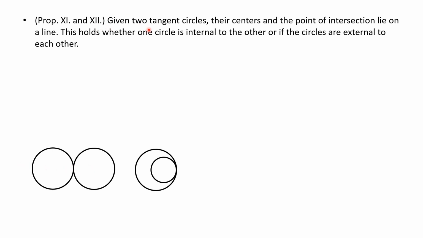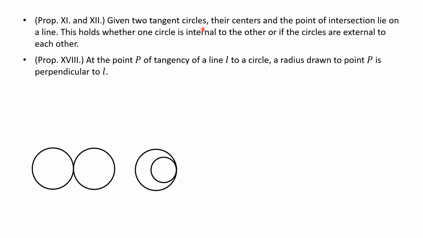And this proposition is saying those 3 must be on the same line. And then here you have one circle inside of another. They're tangent. So you have this tangency point, this center, and then the center of this bigger circle. And again, all 3 of those points lie on the same line. That's a proposition that can be proven in both Euclidean and hyperbolic geometry.